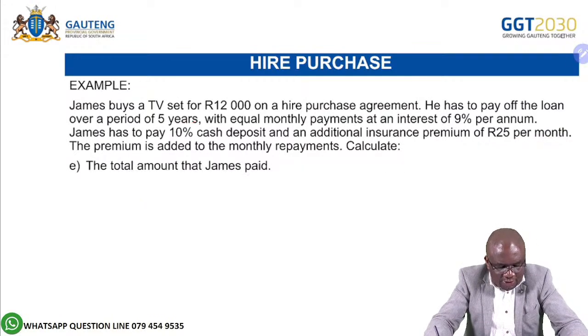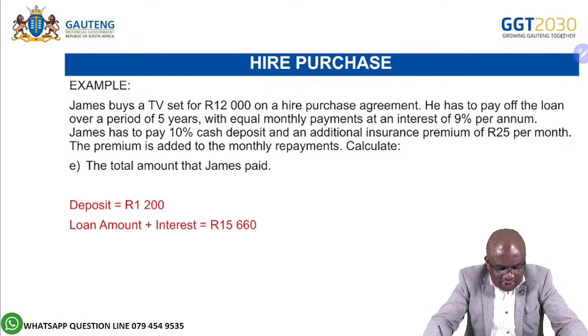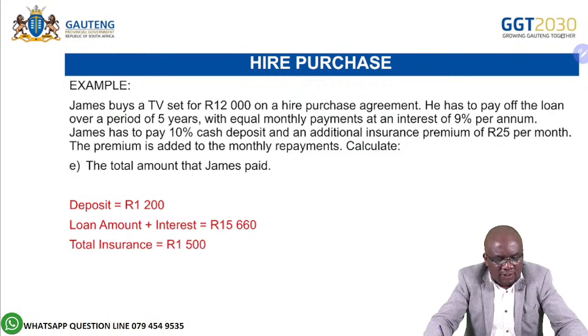And then E, the total amount that James paid. It is the deposit and then the loan amount plus the interest and then the premiums for insurance. Okay, right. So we are adding all this. Loan amount plus interest 15,760, deposit 1,200, and then the premiums for insurance 1,500. Then we're adding all these things, the three of them.